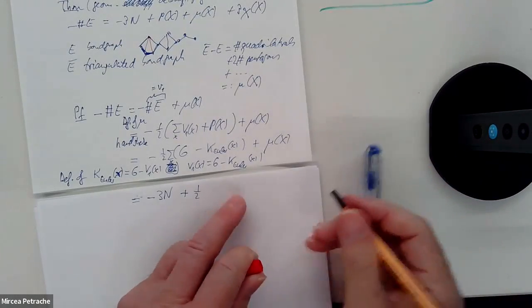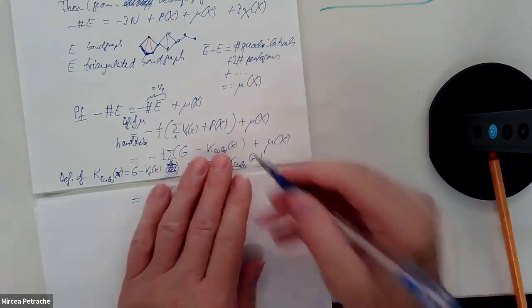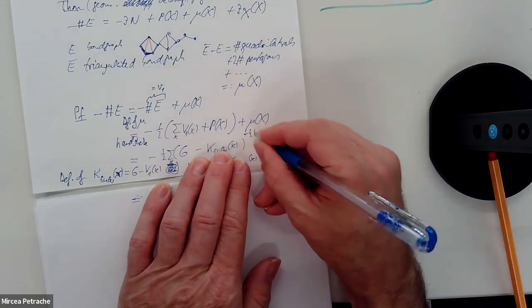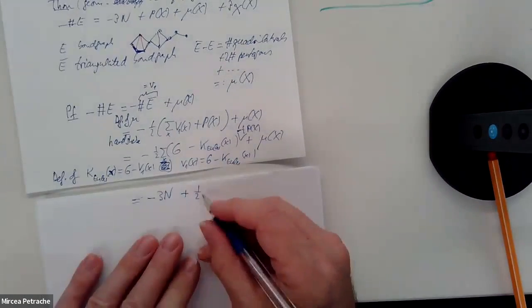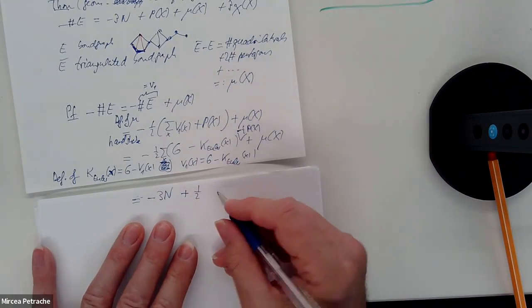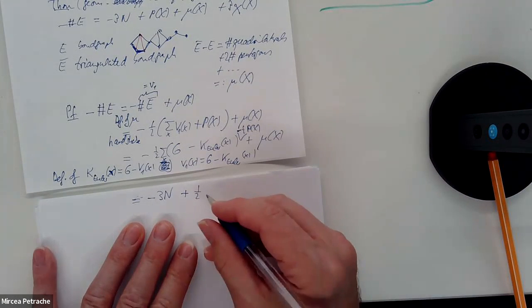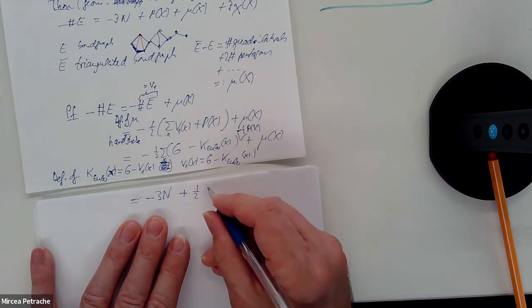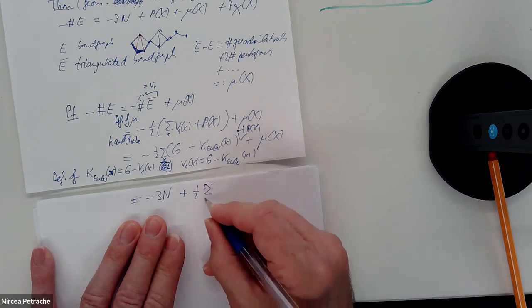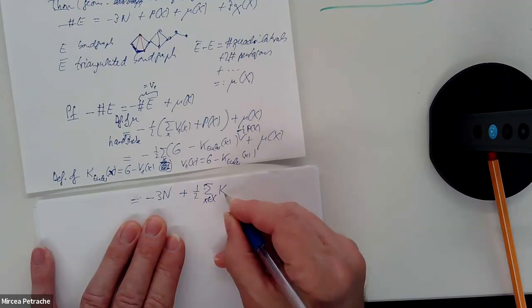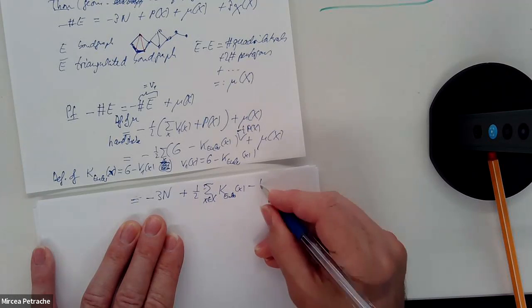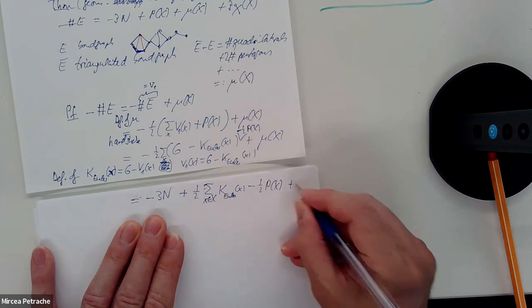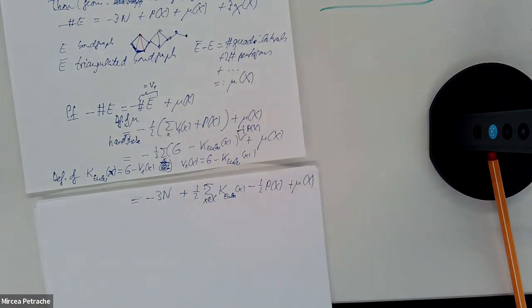I noticed I forgot to copy the term with the perimeter, so it's still there, minus a half p of x. So now I get plus 1/2 sum over x of the Euler curvature of x minus a half p of x plus the defect measure. So that looks quite nice.